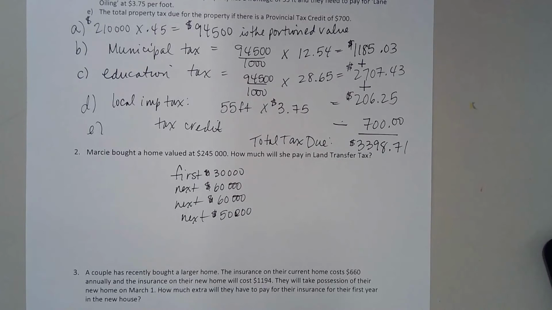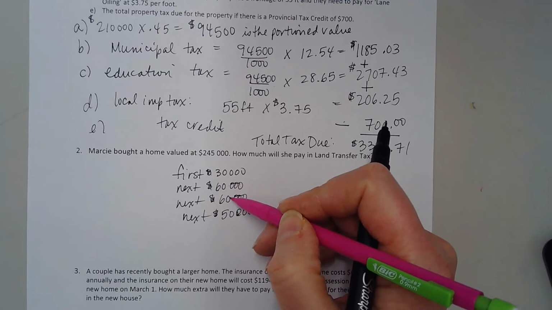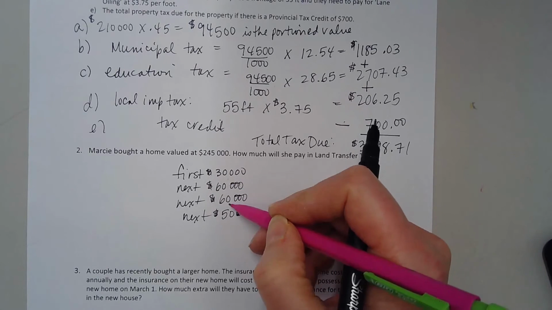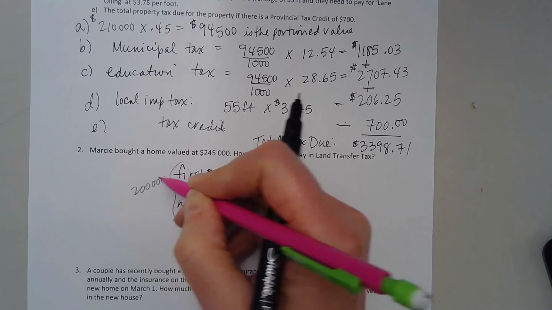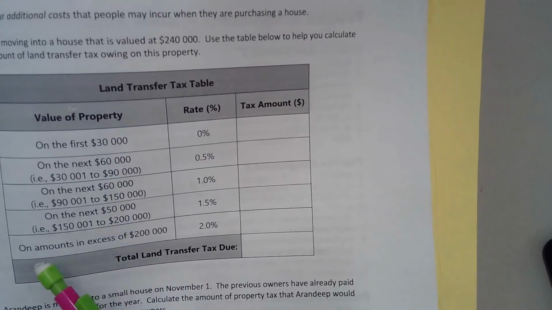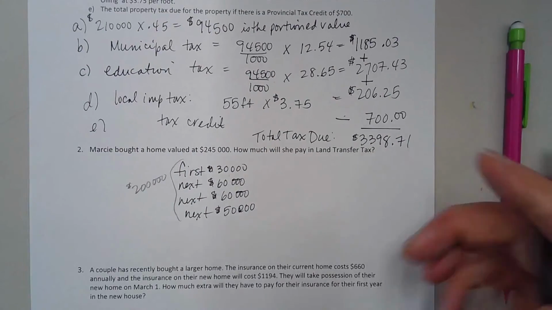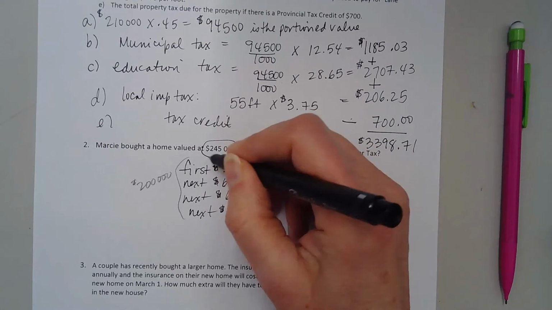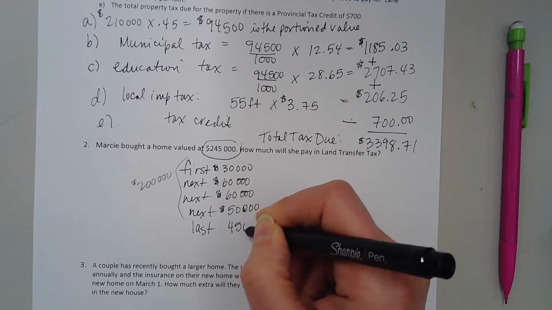Or I'm hoping that people are remembering that, right? 30 plus 60 is 120, or sorry, 150 plus 50 is 200. So those first categories add up to 200 because the very next line says in excess of 200. Okay, so how much in excess of 200,000 am I? 45,000, right? So this is my last 45,000.